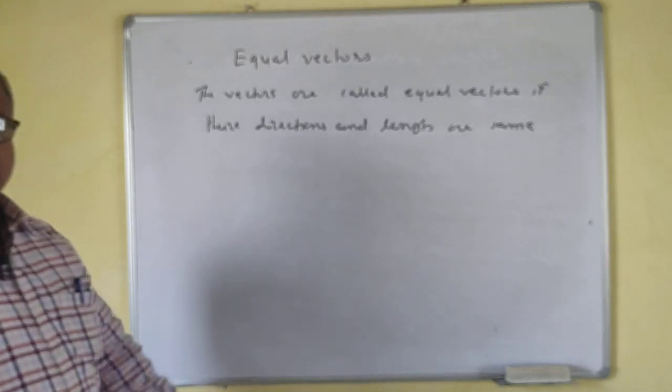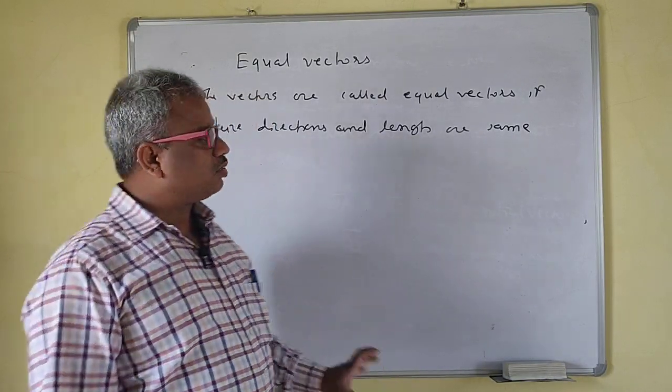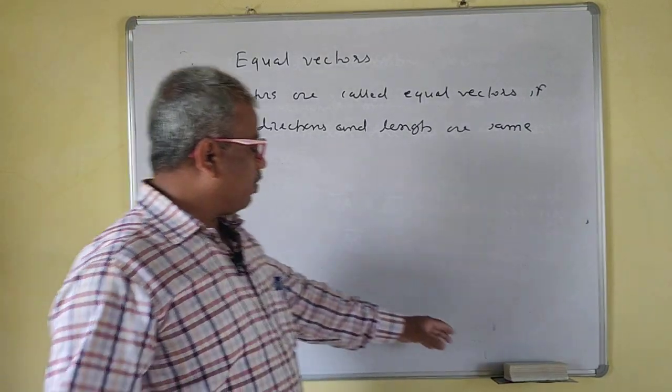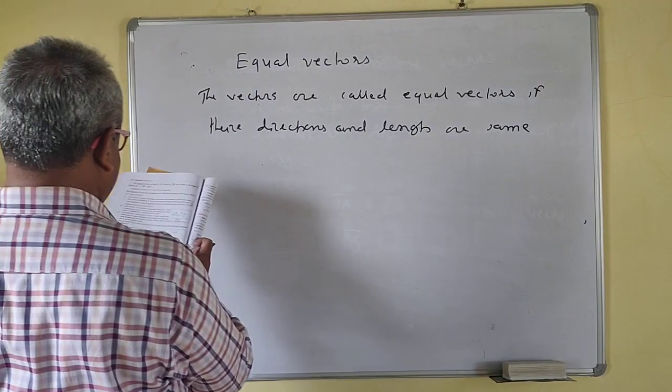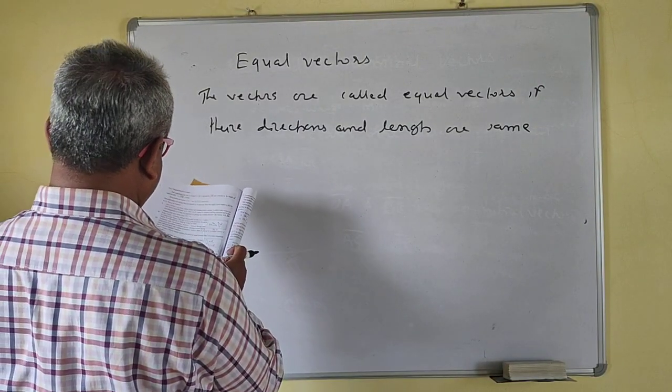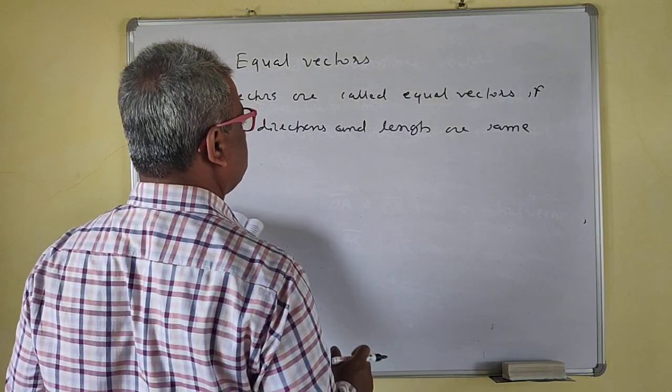That means vectors having same direction and magnitude are called equal vectors, right?